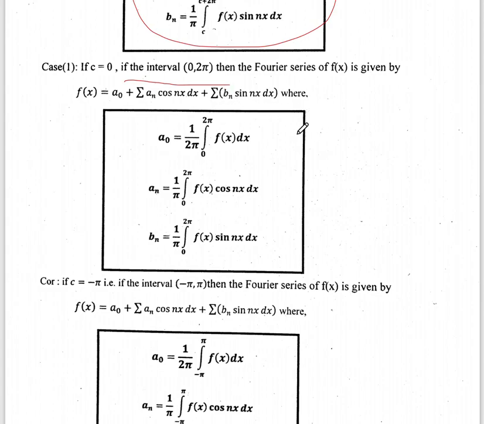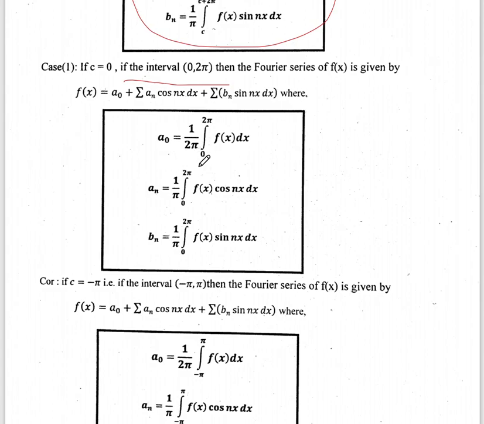Here a0 is 1 upon 2 pi integral 0 to 2 pi f of x dx, an is 1 upon pi integral 0 to 2 pi f of x cos nx dx, and bn is 1 upon pi integral 0 to 2 pi f of x sin nx dx. These three formulae are called the Fourier coefficients of the Fourier series in the interval 0 to 2 pi.